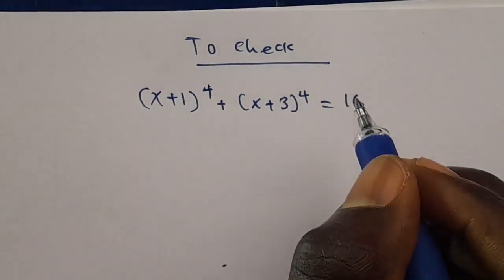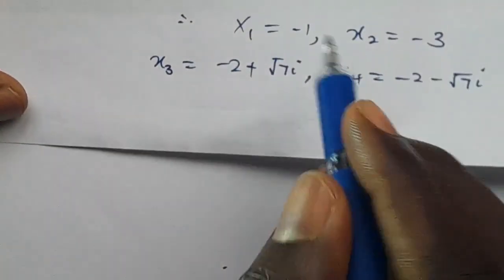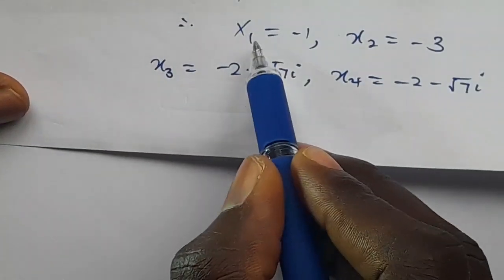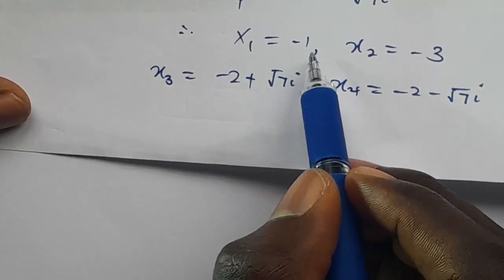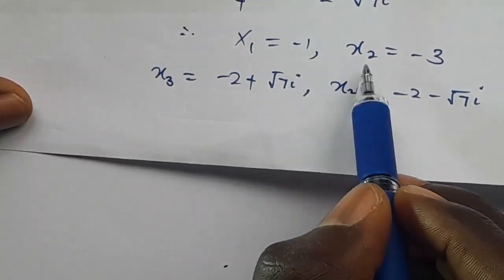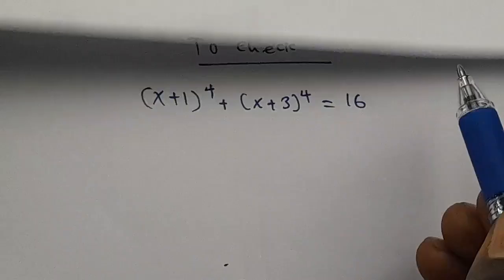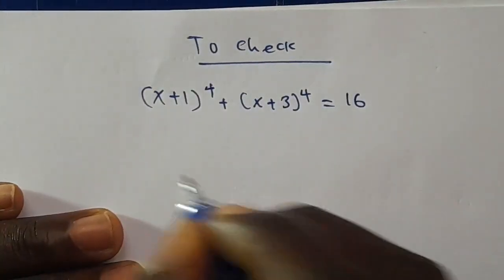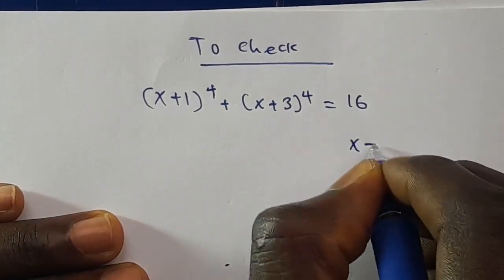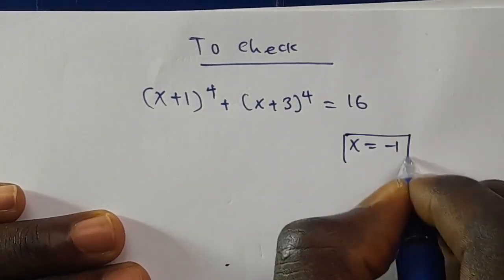Now, let's test for the complex value. So for resolution, we have our x1 to be equals minus 1 and x2 to be equals minus 3. So then we are going to have this to be, when x equals minus 1, let's test for this.